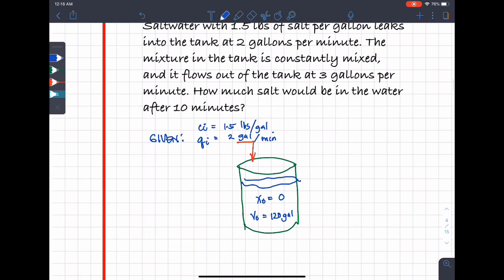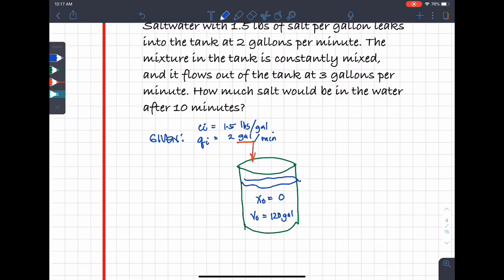Then the mixture in the tank is constantly mixed, just to tell us that there is an equal concentration in the different parts of the container. So nothing settles down, but the solute is dispersed evenly within the mixture.